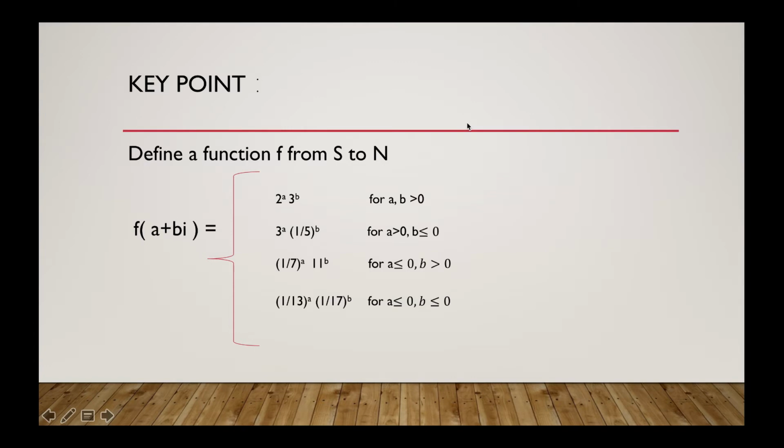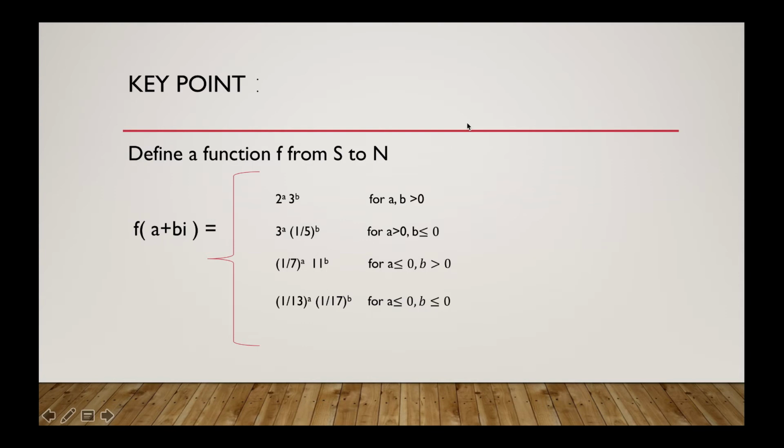So we define a function f from S to N, where f(a plus bi) is a piecewise function. f(a plus bi) equals 2 raised to a times 3 raised to b for both a and b greater than 0, and 3 raised to a times 1 over 5 raised to b for a greater than 0 but b less than or equal to 0.